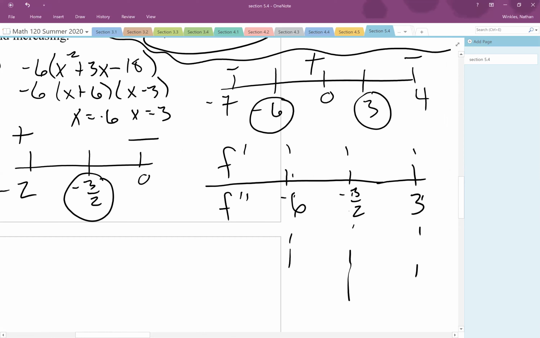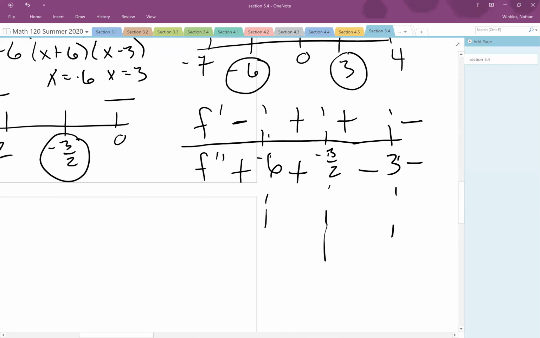So for our first derivative, we're going to have negative to the left of negative 6. We're going to have positive everywhere in between that and 3, negative to the right. To the left of negative 3 over 2 for the second derivative, we're going to have plus, plus, minus, minus. So we're looking for, what did I just say?